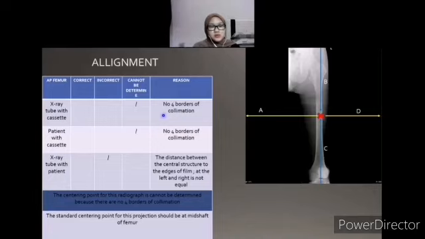The alignment between X-ray tube and patient is incorrect because the distance between the central structure, which is the midshaft of femur, to the edges of film at the left and right is not equal. The centering point for this radiograph cannot be determined because there are no four borders of collimation, and the standard centering point for this projection should be at the midshaft of femur.